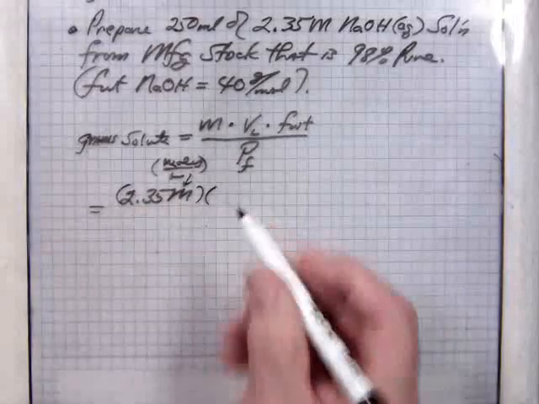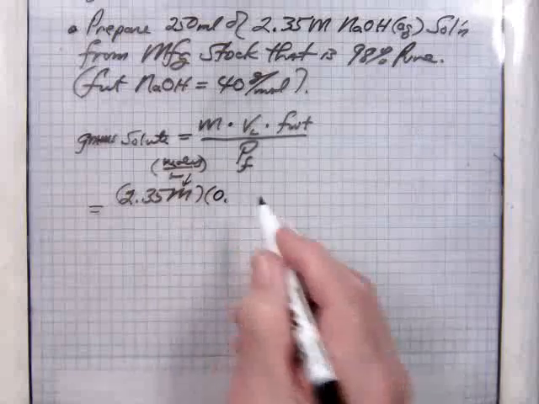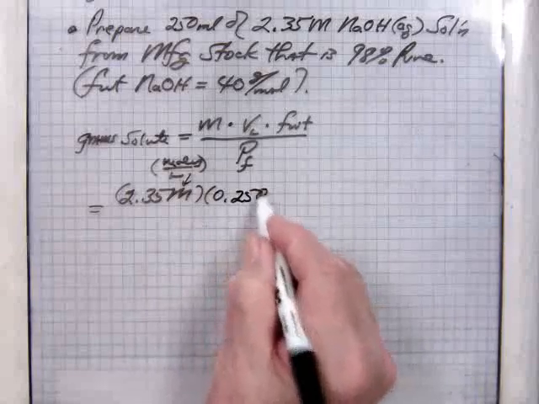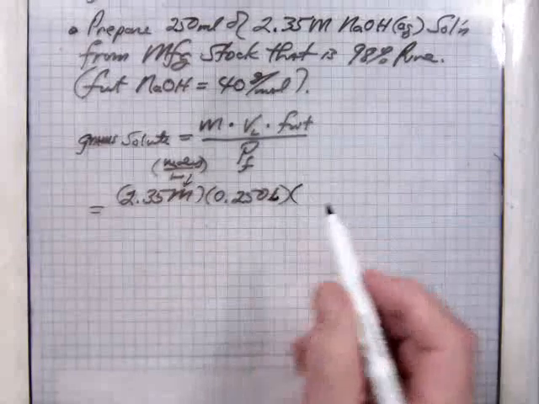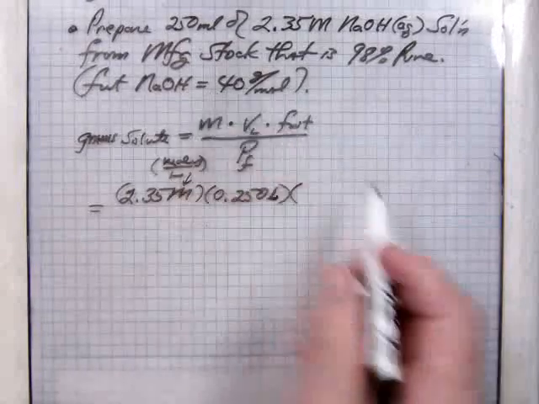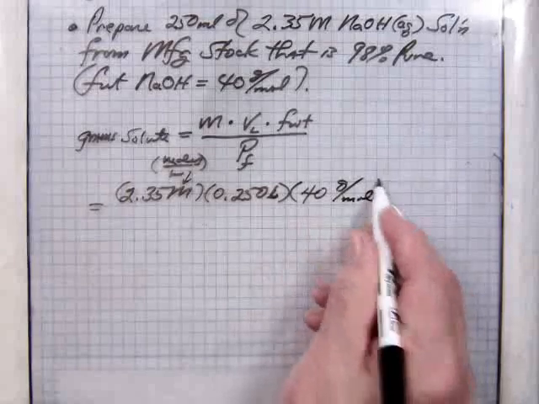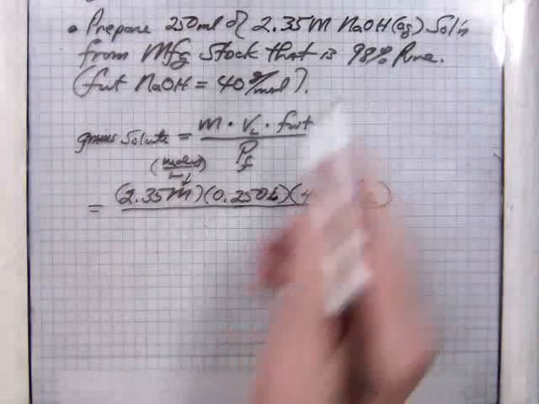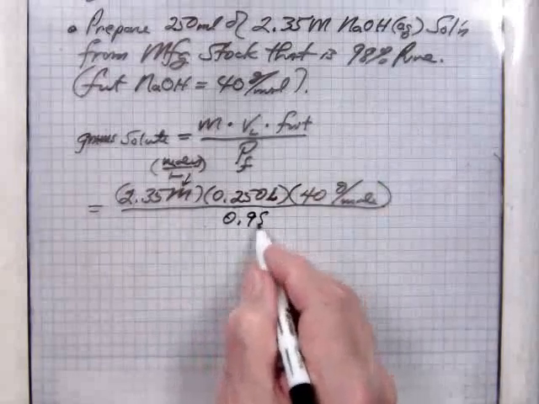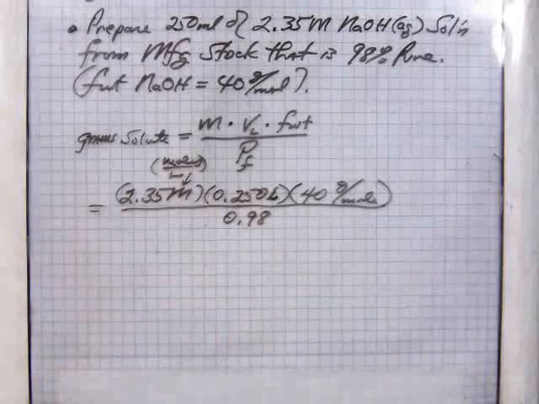The volume has to be expressed in liters, so we would put 0.250 liters. Formula weight is given to be 40 grams per mole. And the purity factor in decimal would be 0.98. So dividing by a fraction like that scales it up to just a little bit higher than the absolute amount.